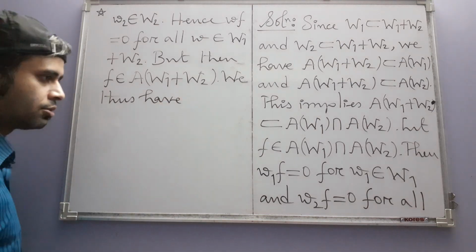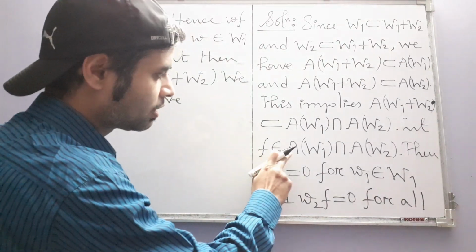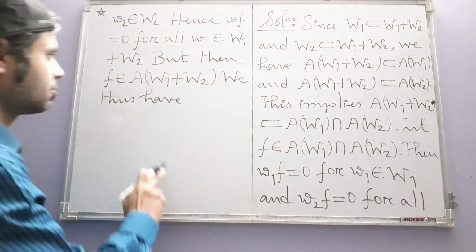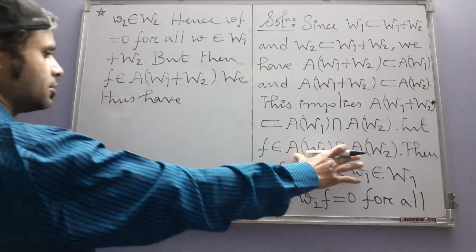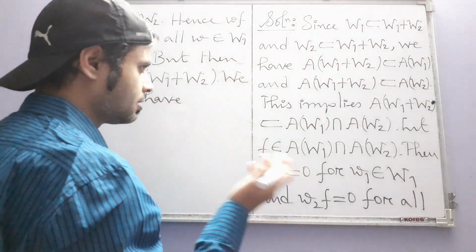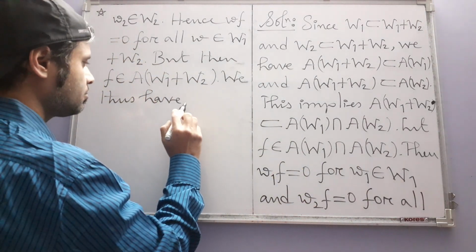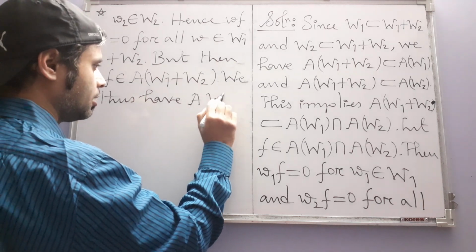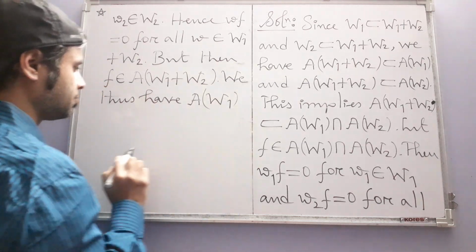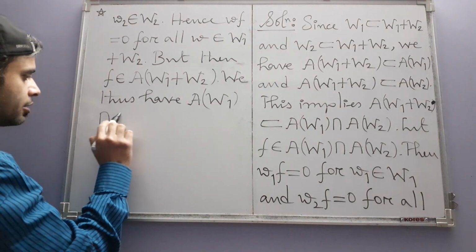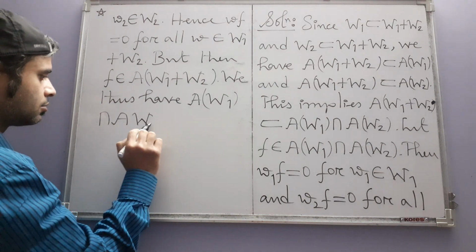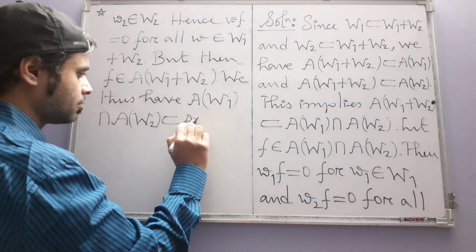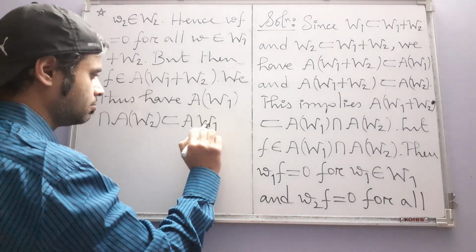So what have we shown? An arbitrary linear functional, that is an arbitrary element in this intersection also is here. So this is contained in this, and that is the reverse inclusion. We thus have this A of W1 intersection A of W2 also contained in A of W1 plus W2.